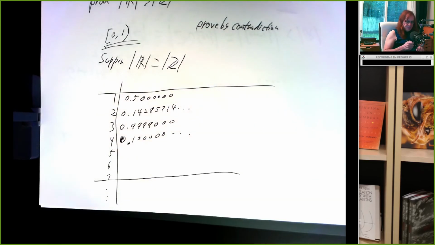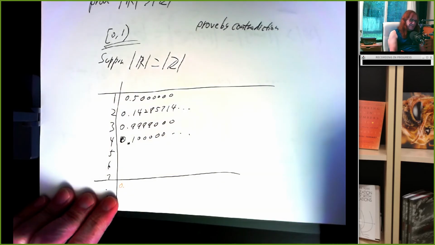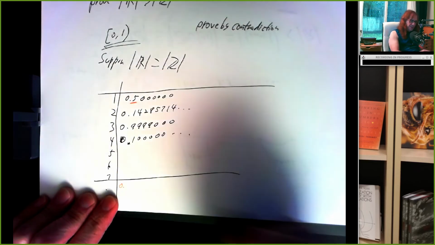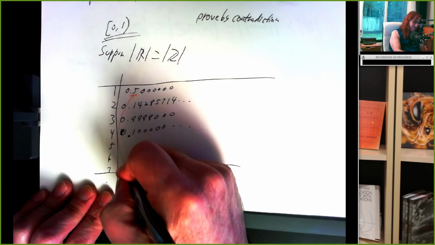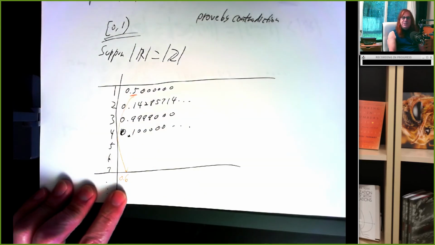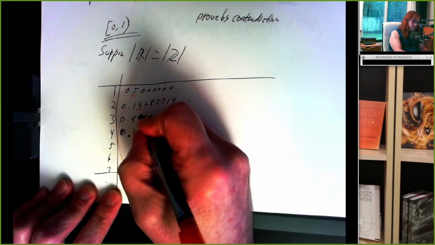All right, I'm going to use that information you gave me to create a new number. And here's what my number is going to look like. It's going to start with 0 point. The first digit is going to be this digit plus 1. I'm going to take the 5, add 1, and get a 6. The second digit will be the second digit of the number corresponding to 2 plus 1.